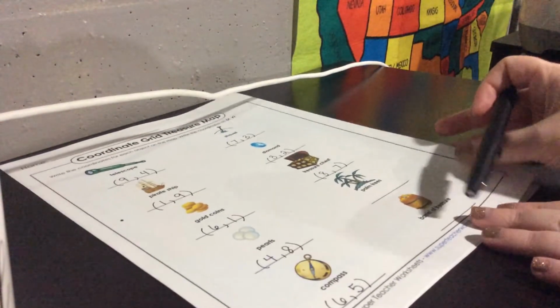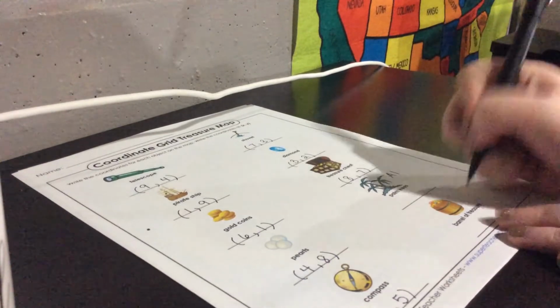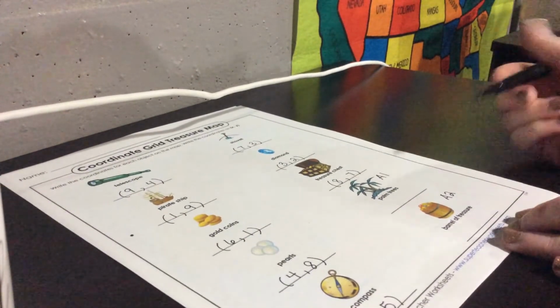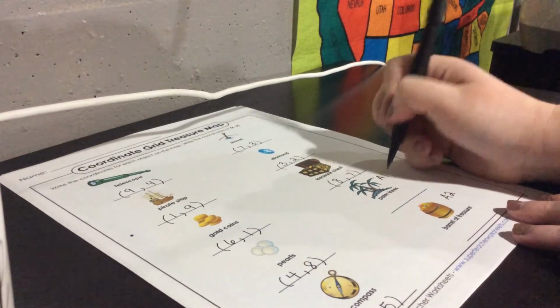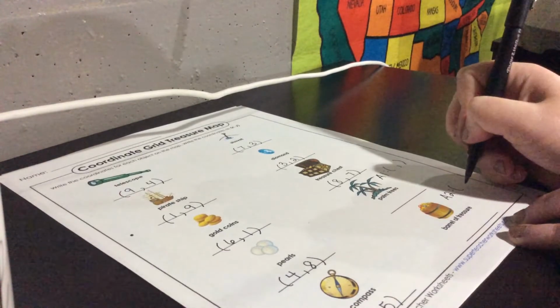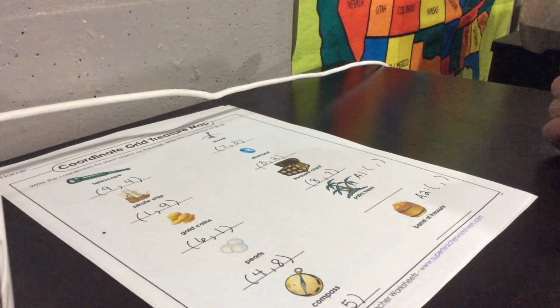Just so that I know which worksheet you have, we are going to label these A1 and A2. So when you post your answer, I would like you to say A1, give me your coordinate pair, and A2, give me your coordinate pair. And that is all that you will need to do. Okay?